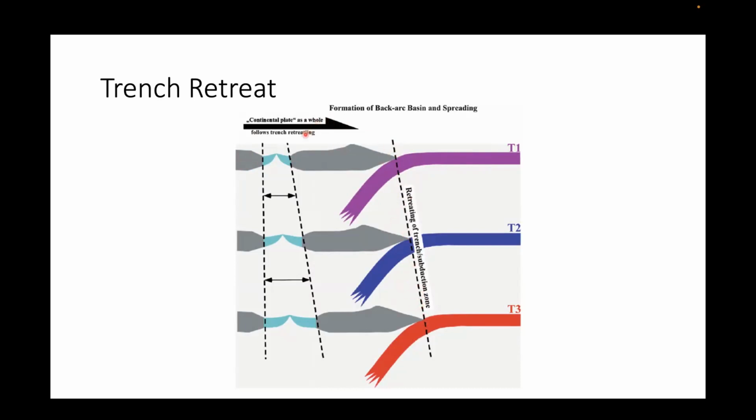This allows this part of the forearc to also move to the right and allows space for a new oceanic basin to form with respect to the fixed overriding plate. Without the motion to the right, there's no space to form the new back-arc basins. So the question is how you can have the trench retreat in the numerical model.